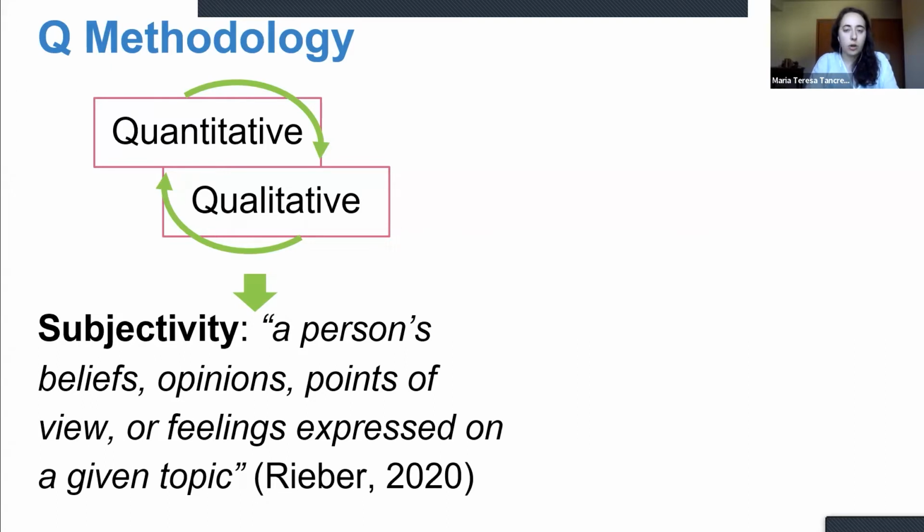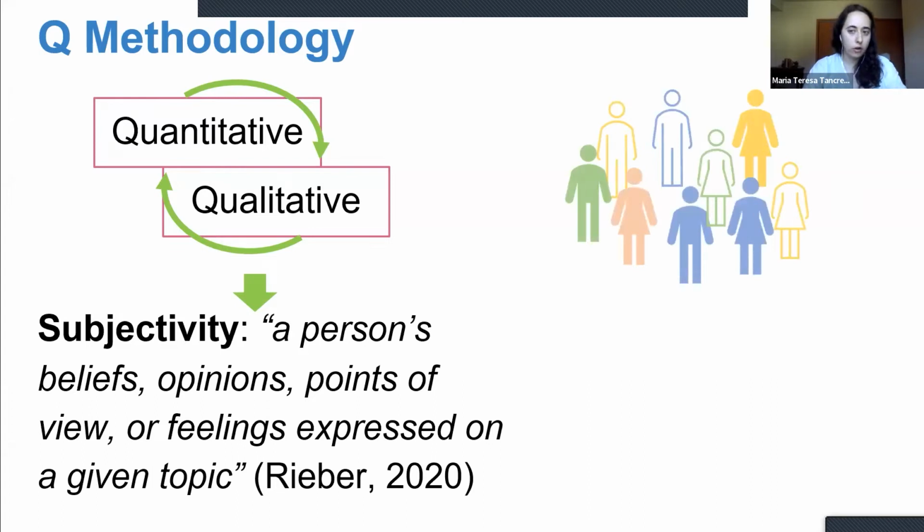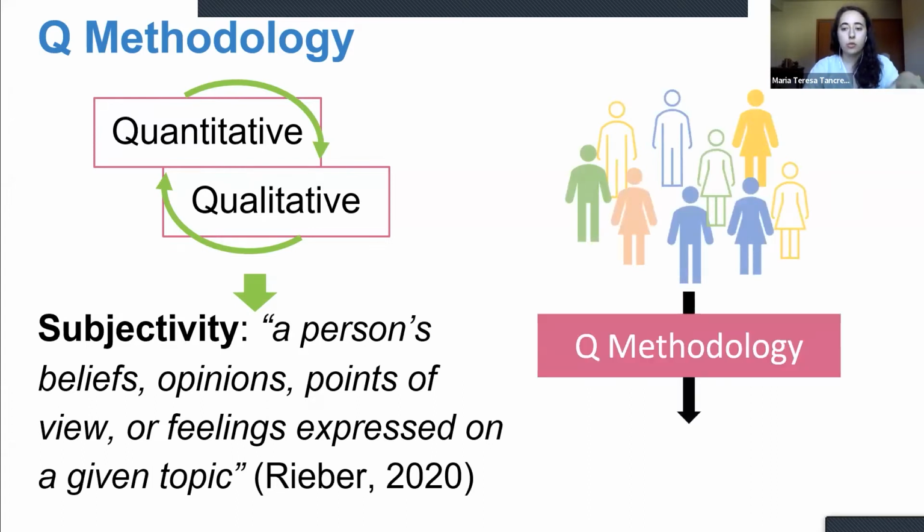In our case, the given topic is the use of cover crops in commodity ag. And so usually what happens is that if we have a group of people, in our case, farmers, and we apply Q methodology, then we can come up with different factors or viewpoints, again, on a topic, in our case, cover crops. And so how does this work?